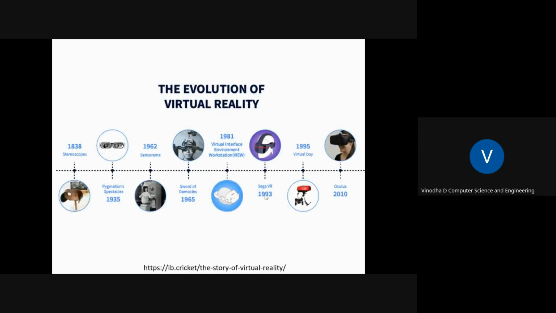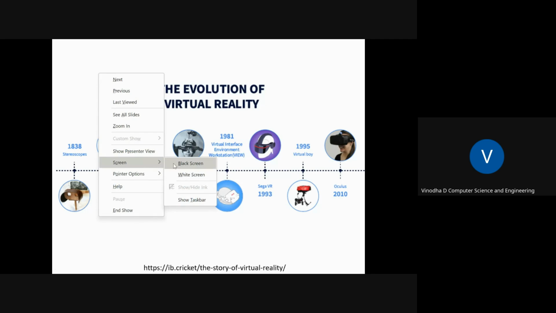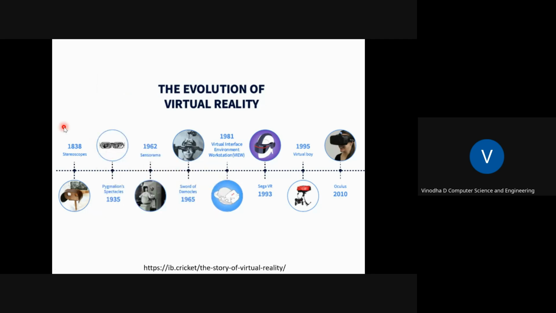So with that background, I want to quickly take you through the evolution of virtual reality. You can see it started way back in almost 1838. It started with the stereoscopes, and then subsequently the spectacles in 1935. And then this is very interesting, I'm going to spend some time on 1962, where the Sensorama, a kind of virtual reality hardware, was patented.